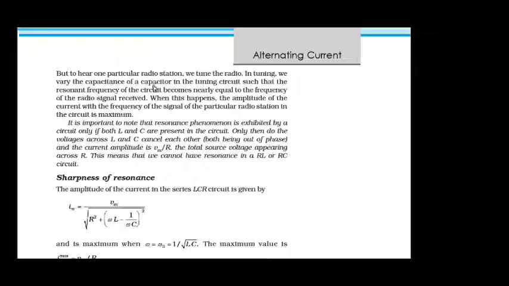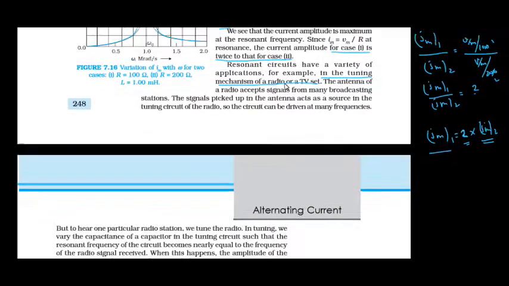In tuning, we vary the capacitance of the capacitor in the tuning circuit such that the resonant frequency of the circuit becomes nearly equal to the frequency of the radio signal received. When this happens, the amplitude of the current with the frequency of the signal of a particular radio station in the circuit is maximum. So this is one of the important questions which can be asked.